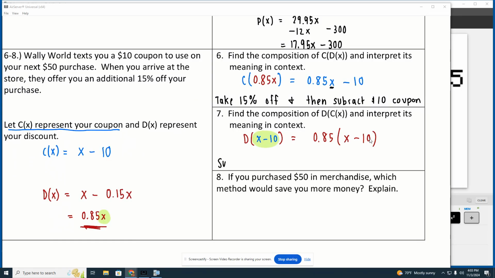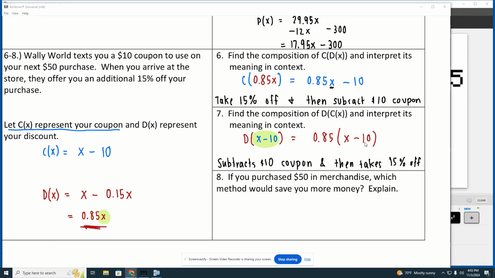So this one subtracts the $10 coupon, and then takes the 15% off. See how it's subtracting 10 first?